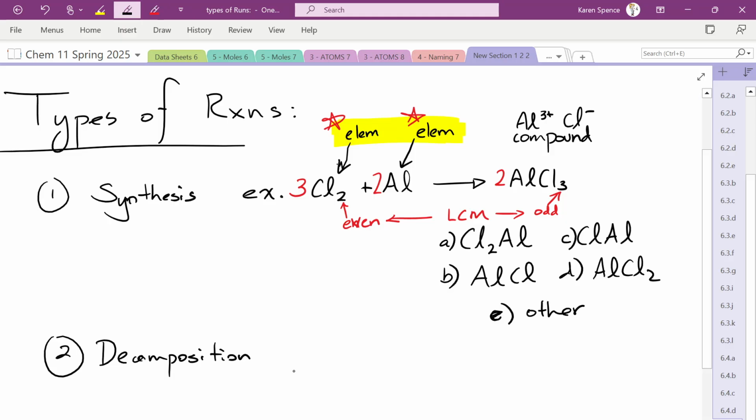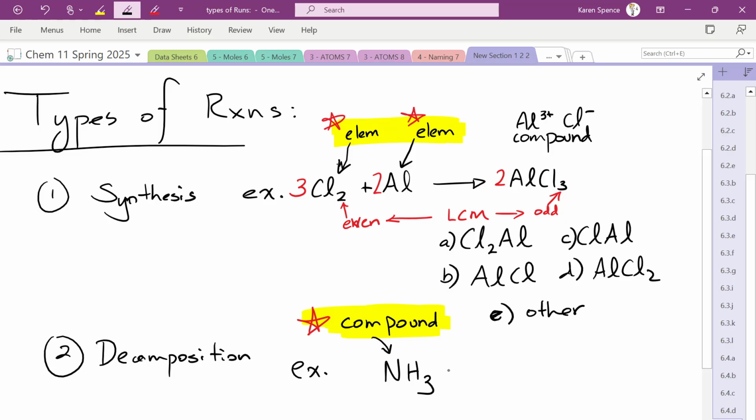Decomposition. NH3. What do we have here? That is a compound. So if you have just a single compound, you know that you are dealing with decomposition.